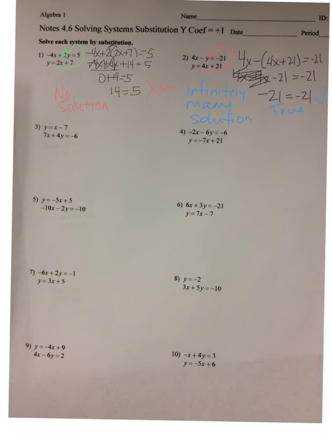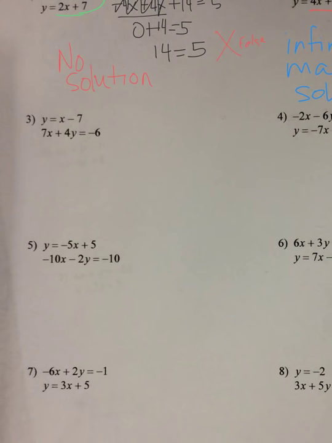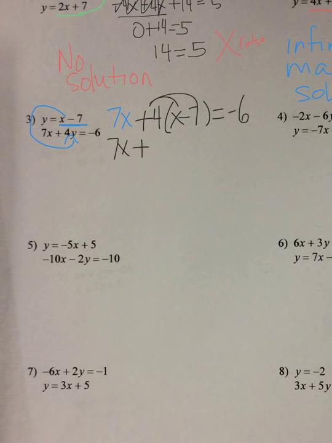So let's see this one. I'm going to substitute this in here, in my y's, right there. So I'm going to rewrite the second equation, 7x plus 4, and instead of y, I'm going to put x minus 7 equals negative 6. And then I distribute: 7x plus 4x minus 28 equals negative 6.